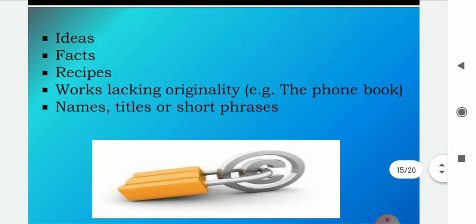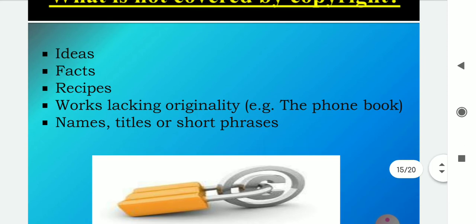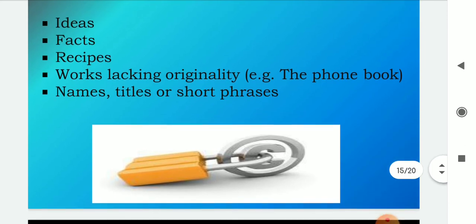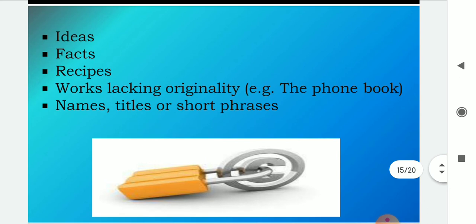These are not copyrighted matters. You see in the image, that is the symbol of copyright: a capital C under a circle, that is the symbol of copyright.